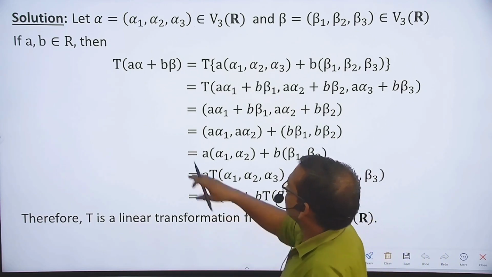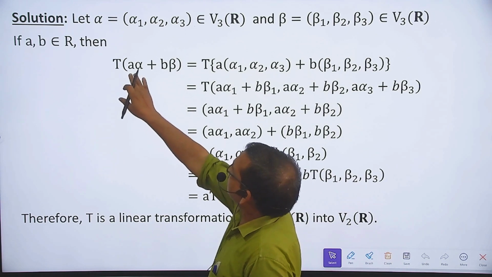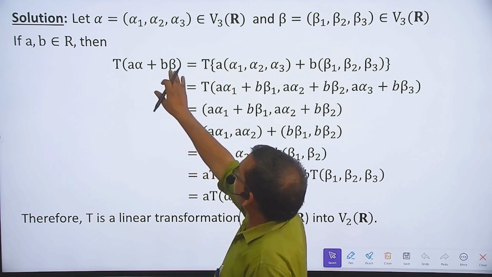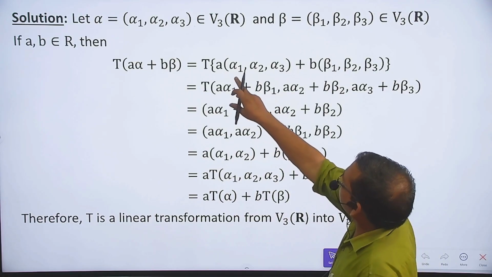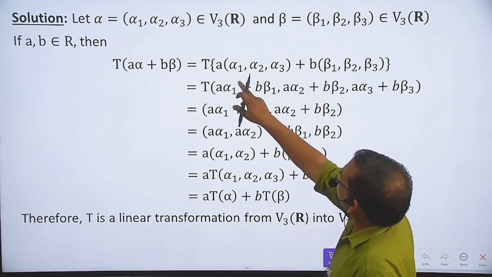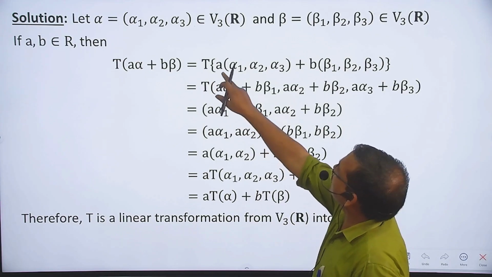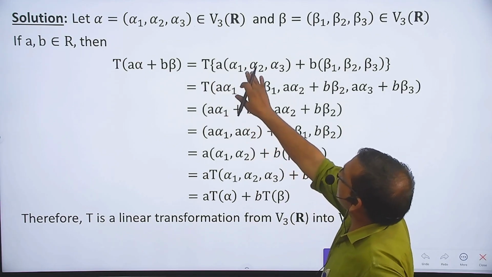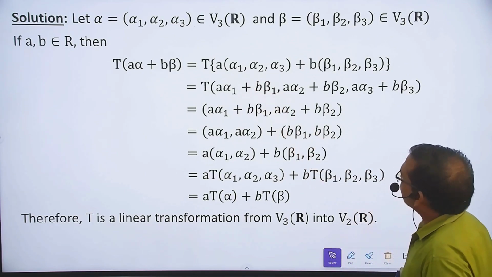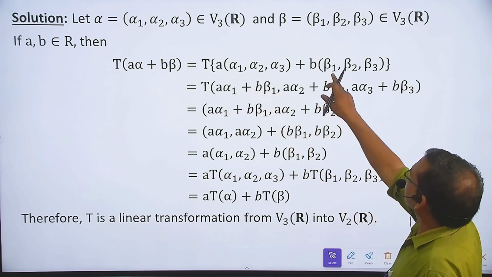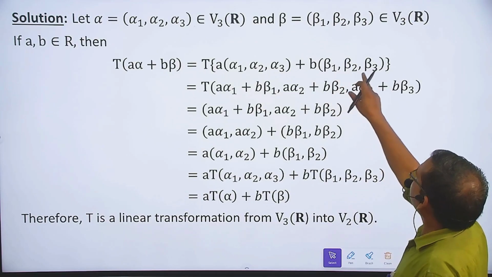For this, we take the transformation of A alpha plus B beta. Putting the values of alpha and beta, we get transformation of A multiplied by alpha with three components alpha 1, alpha 2 and alpha 3, plus B multiplied by three components beta 1, beta 2, beta 3.